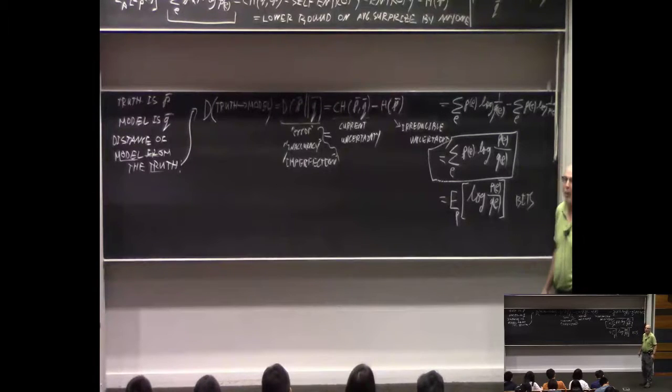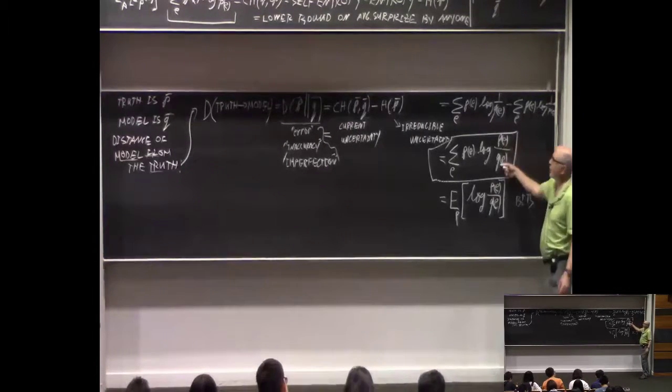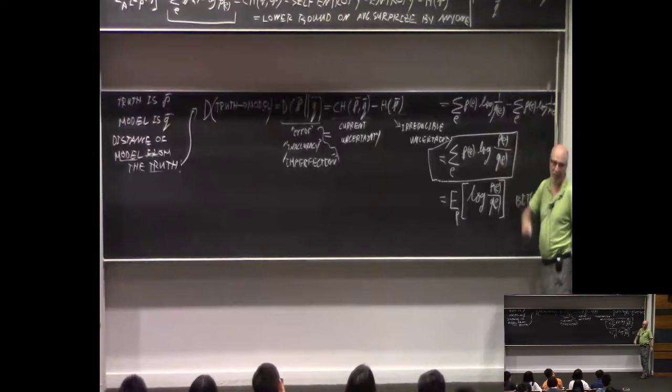Could it be 0? When will it be 0? When P equals Q, right? Or rather when Q equals P. When Q equals P, this ratio is 1, log of 1 is 0 for all of them.